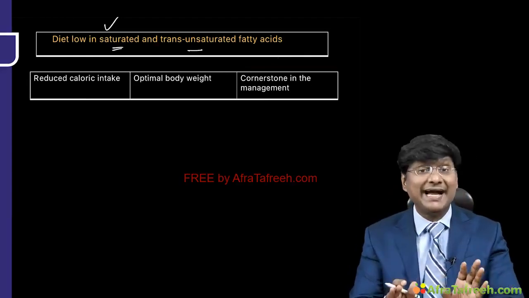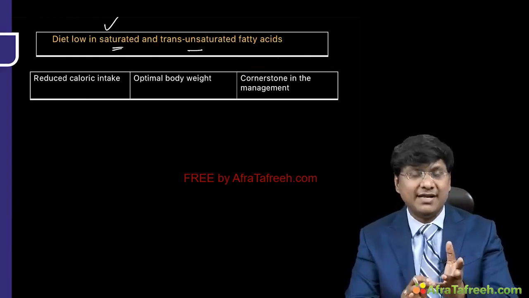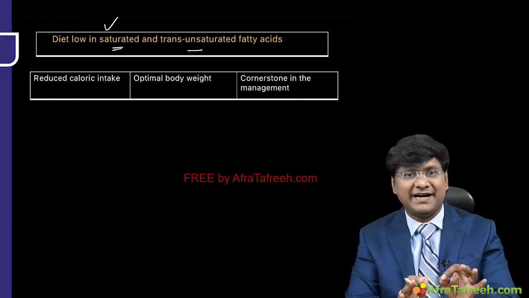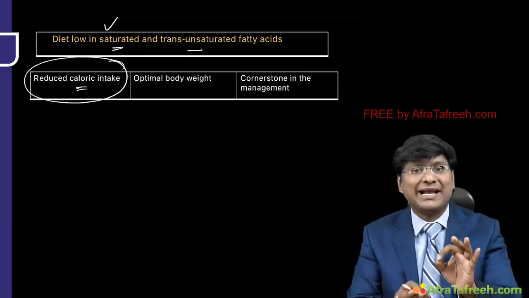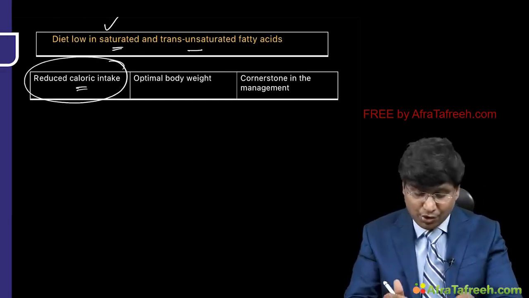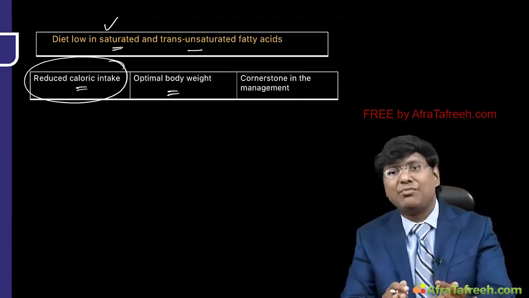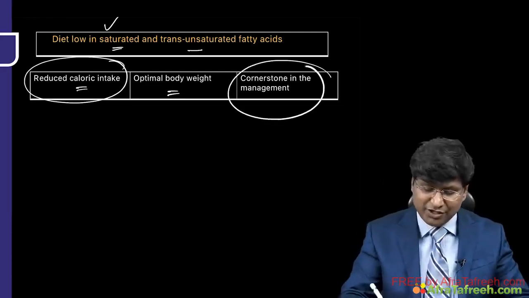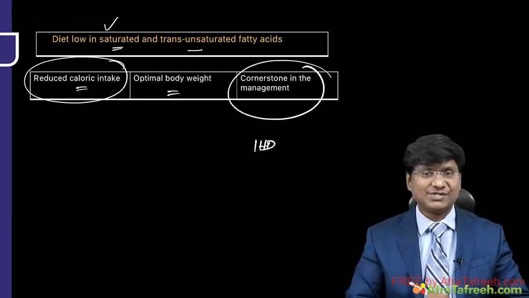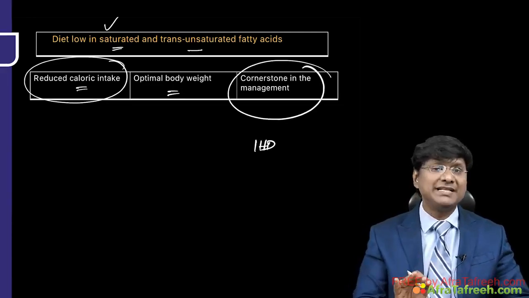Okay, so a diet low in saturated and trans unsaturated fatty acids, with reduced caloric intake to achieve the optimal body weight, are the cornerstone in the management of the ischemic heart disease.